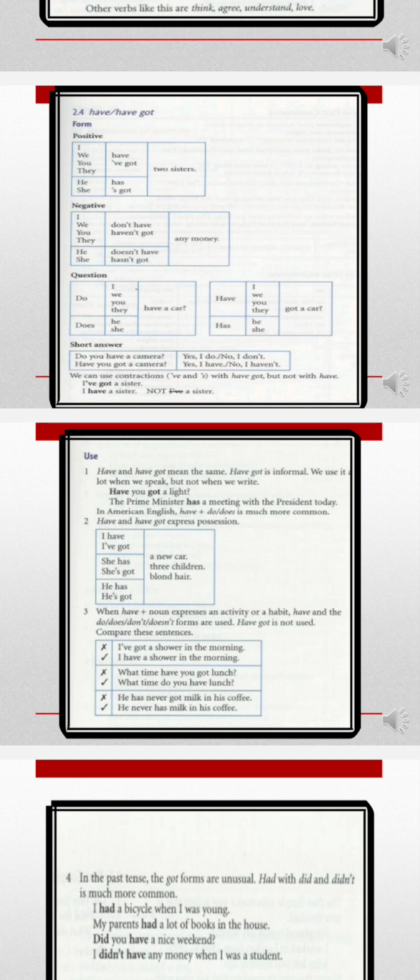They don't have any money. They haven't got any money. He doesn't have any money. He hasn't got any money. She doesn't have any money. She hasn't got any money.